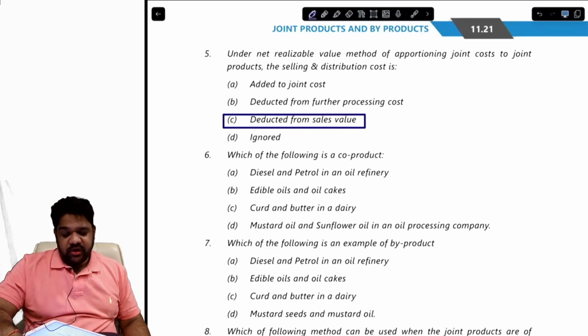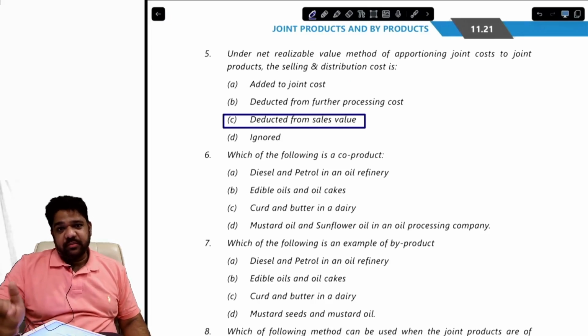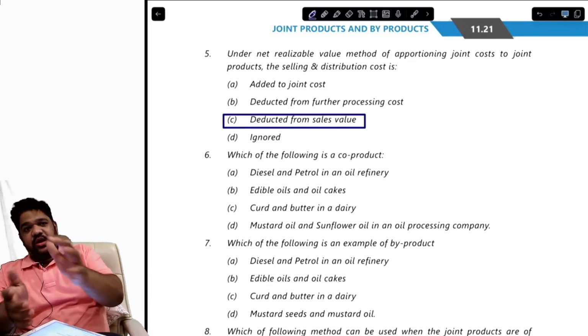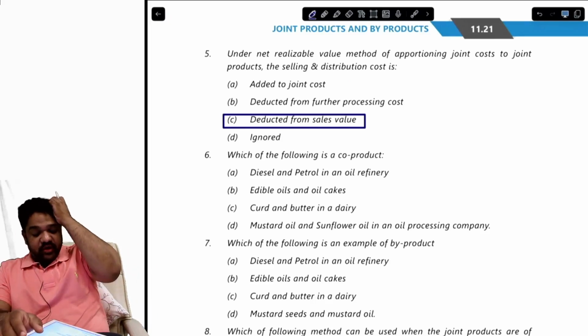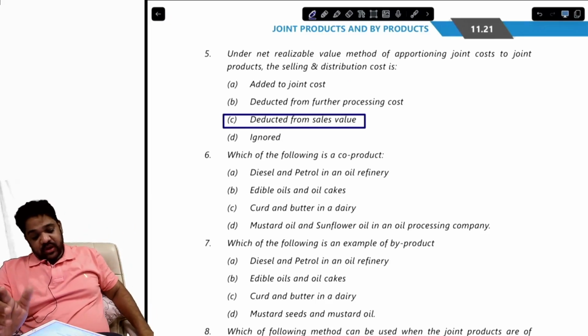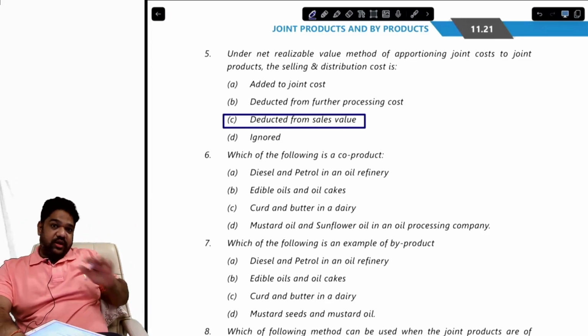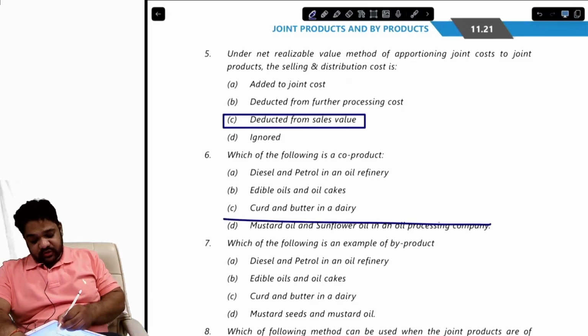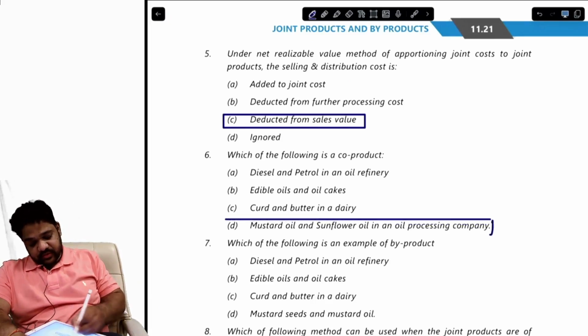I think this would be better than edible oil and oil cake, because once you've done the edible oil, then comes in the oil cake, but they don't go hand in hand. But mustard oil and sunflower oil in an oil processing company would go hand in hand. So we'll go with 6D.